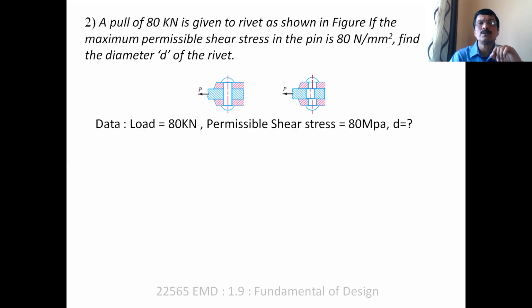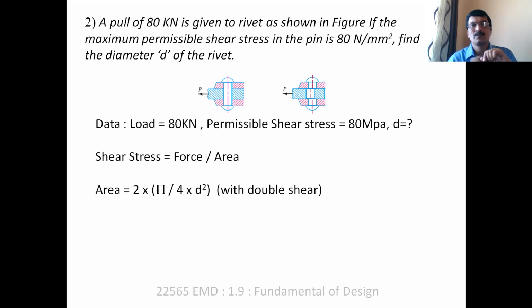If you look at the data given, load is 80 kilonewton, permissible shear stress is the same 80 megapascal, and shear stress is equal to force divided by area. Nothing is going to change, only the area changes. Area becomes double because here the same force is subjected to twice the failure.